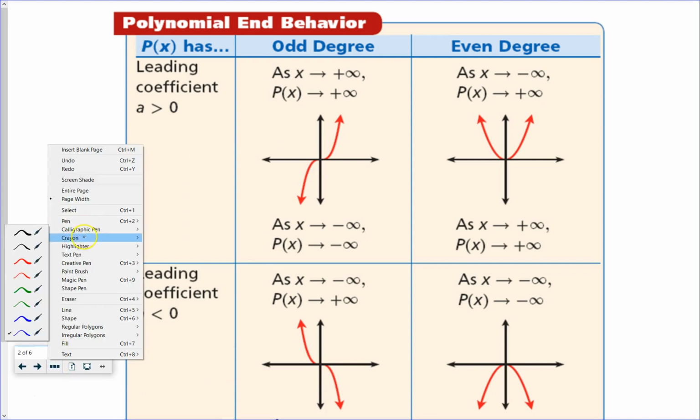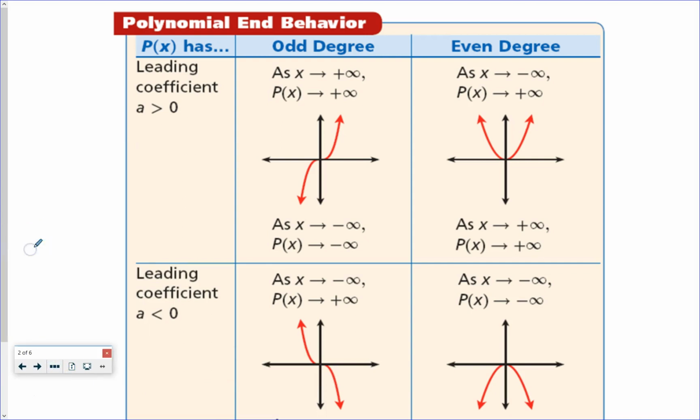Leading coefficient, where do we find that? Yeah, it's my first term. It's in the beginning if we're in standard form, right? So it's the piece with the highest exponent. If that number is positive, okay, if it's a positive leading coefficient, my graph will always end up in the positive direction. Okay, regardless of what the other one is doing, it always ends up in the positive direction.